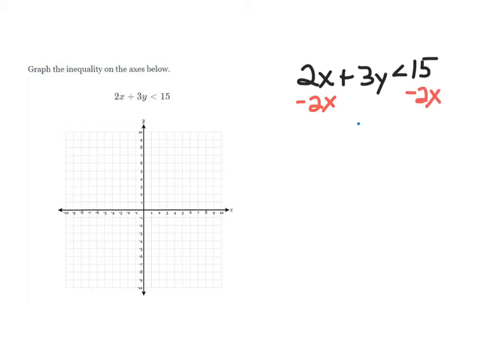Now my inequality is going to say 3y is less than negative 2x plus 15. And then to solve for y, I'm going to have to divide all of it by 3.